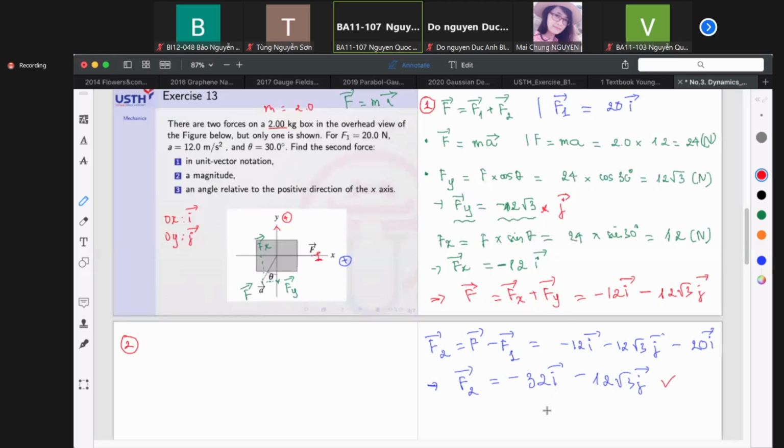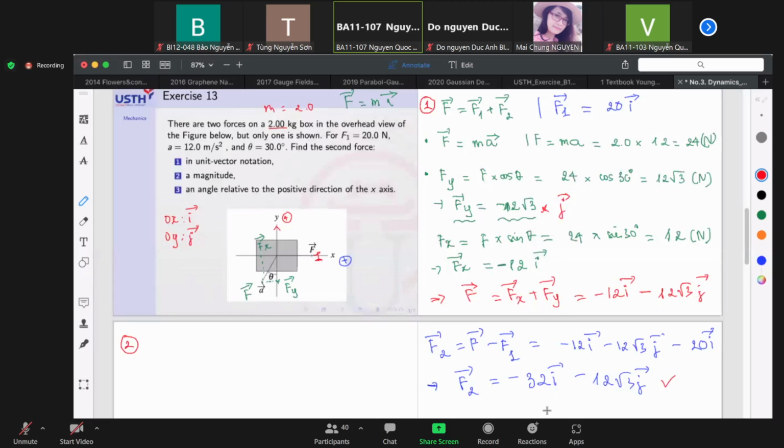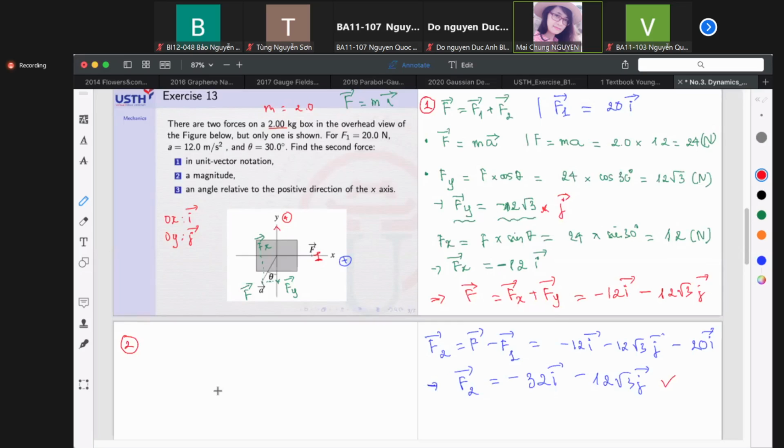I think for question number 2, we first calculate the magnitude of the second force.